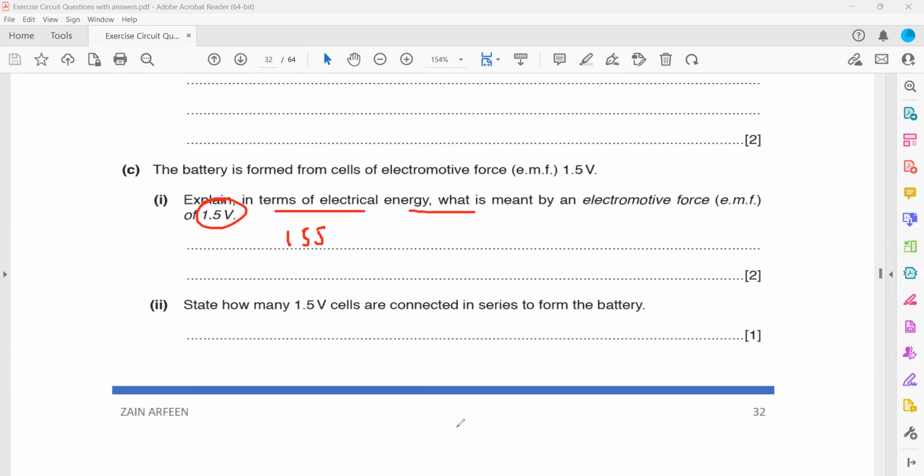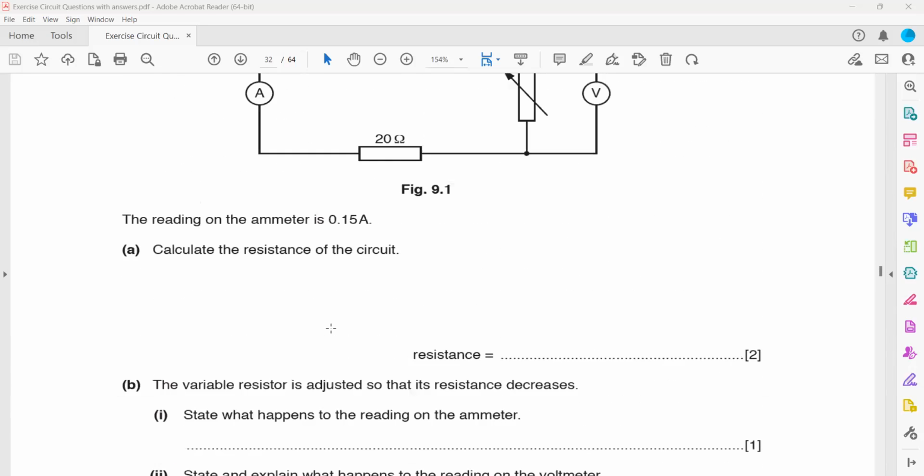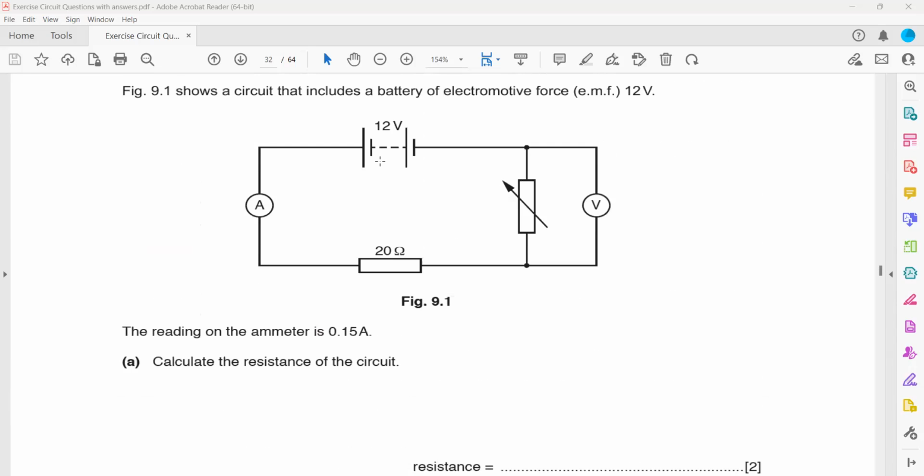If the variable resistor decreases, won't the other resistance too? No, the other resistance is a fixed resistor. It won't change. Only the variable resistor's resistance can be changed. First it was 60 and now maybe we turn it to 30. So when we turn it to 30, the combined resistance of the circuit will be 20 plus 30, which is 50.